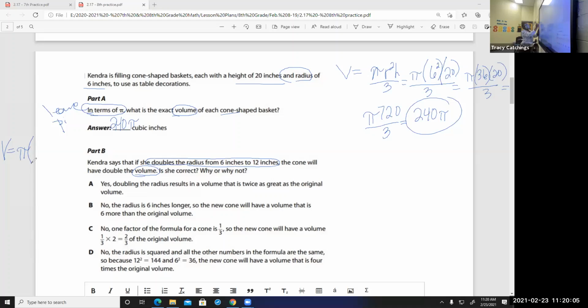So now we got pi times 12 squared times 20. 12 squared is pi 144, so I multiply that by 20.